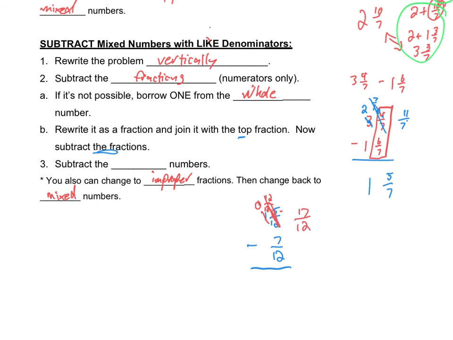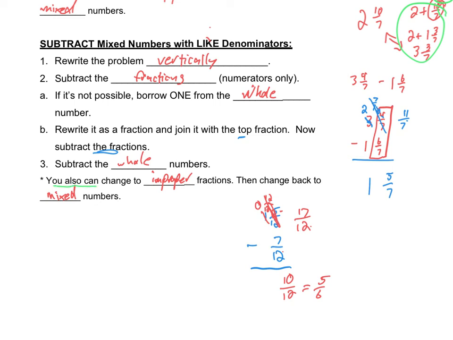Okay, so now I'm just doing 17/12 minus 7/12 is 10/12, which is the same as 5/6. Okay. I'm sorry, I left a blank here, subtract the whole number then here on your notes. All right, let's try this next way.